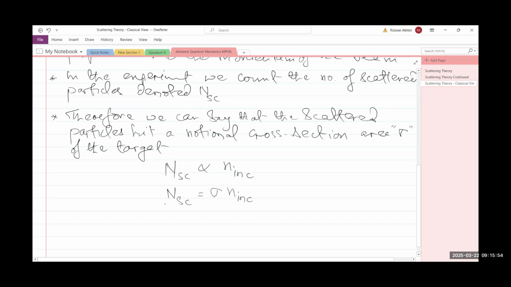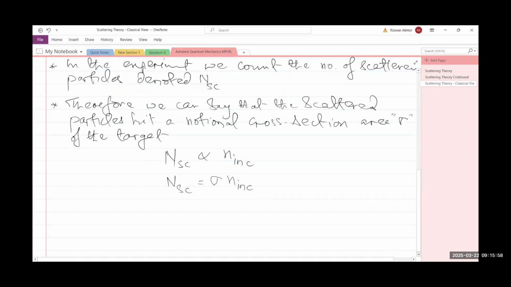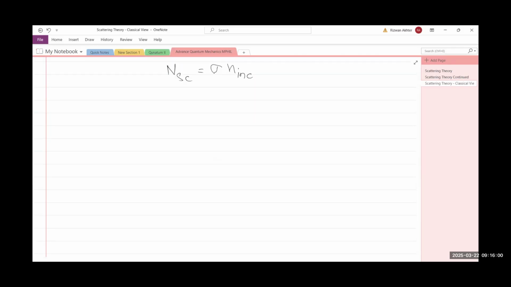One could make a pictorial representation of this experiment by drawing a picture. It is always very difficult to draw a picture on a device because sometimes it is not controllable. So this is the incoming beam of particles.